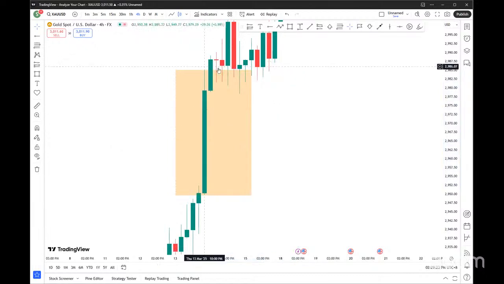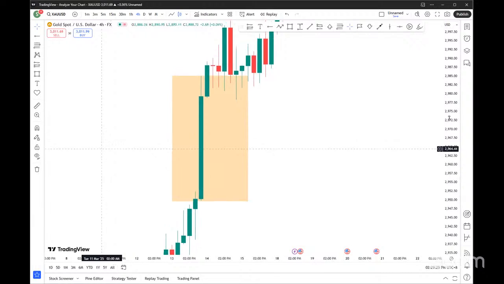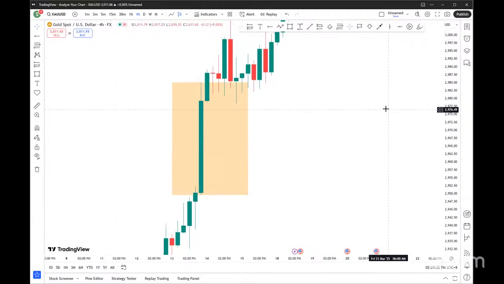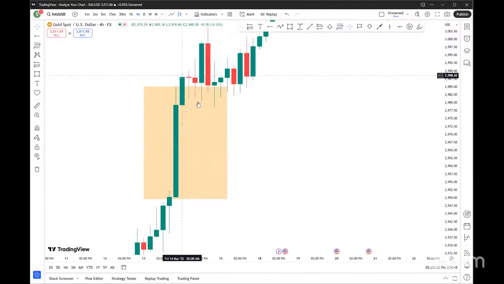Ignore whatever happened over here. Where do you think the buy will be coming in from? Just a quick answer. Don't have to overthink. At the high? Nope. Remember, that's your low, that's your high. Remember Fibonacci?